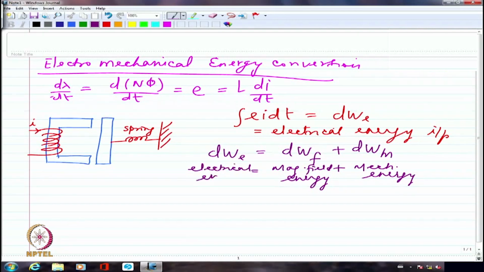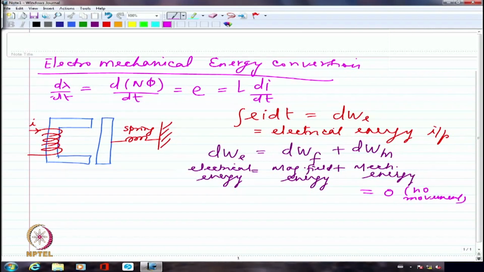So, we are looking at an electromechanical energy conversion system where electrical to mechanical energy conversion is taking place, which is like a motor or an actuator in this particular case. So, if there is no movement, this will be equal to 0.